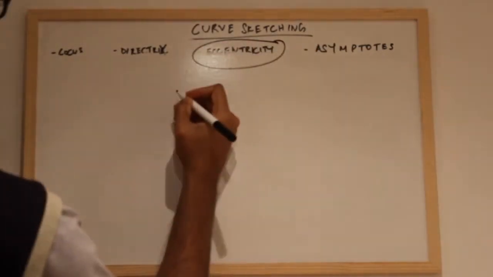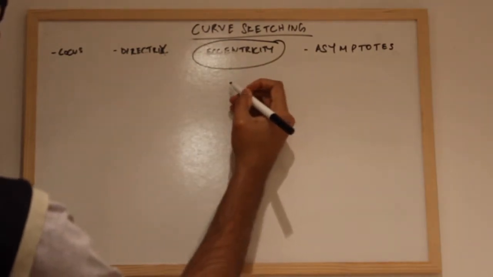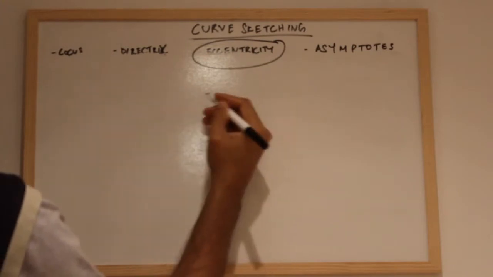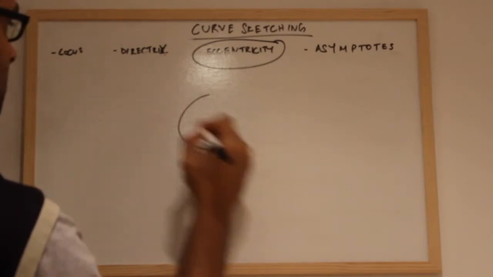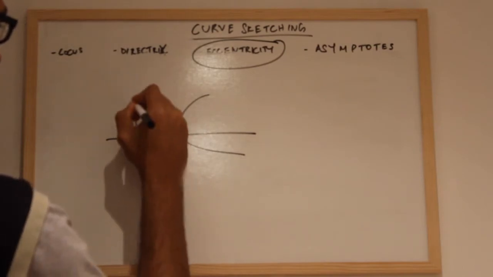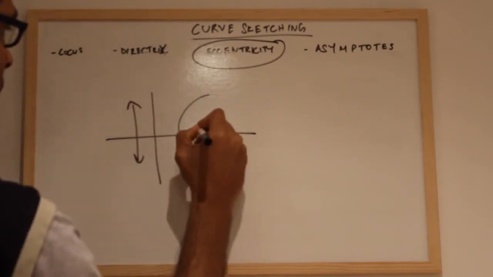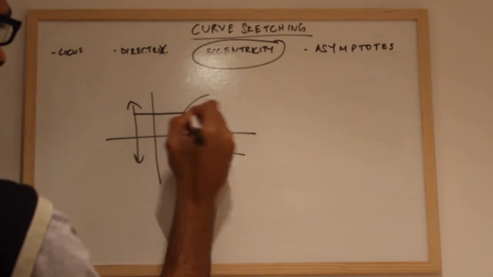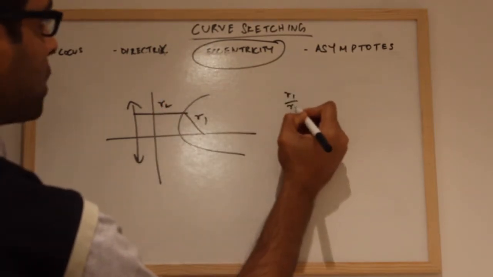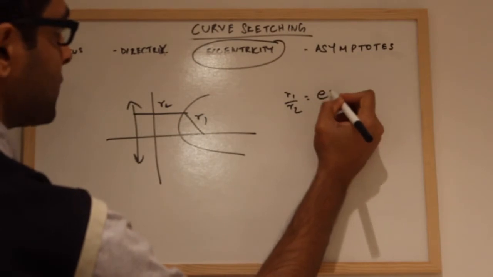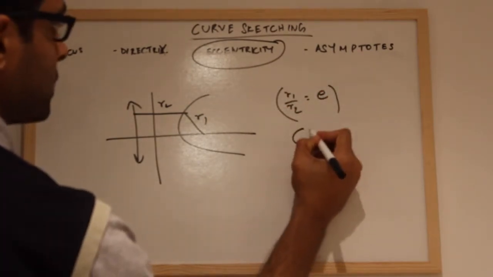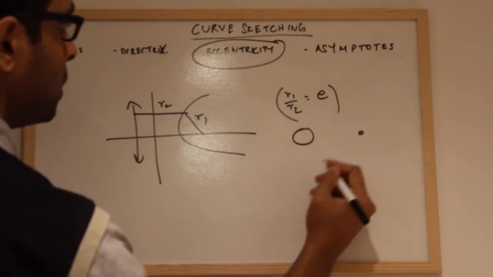Eccentricity is defined as the ratio between the distance to the focus and the distance to the directrix. So for example, R1 by R2 is equal to eccentricity E. For circle, eccentricity is 0.